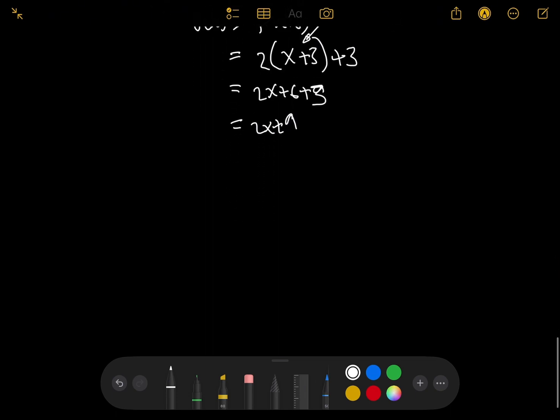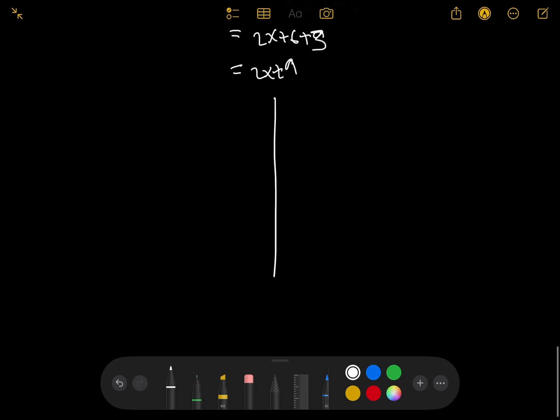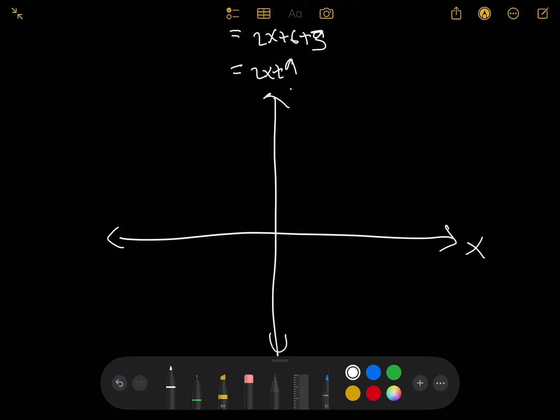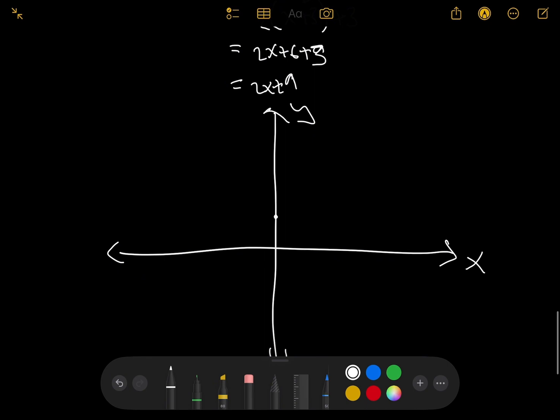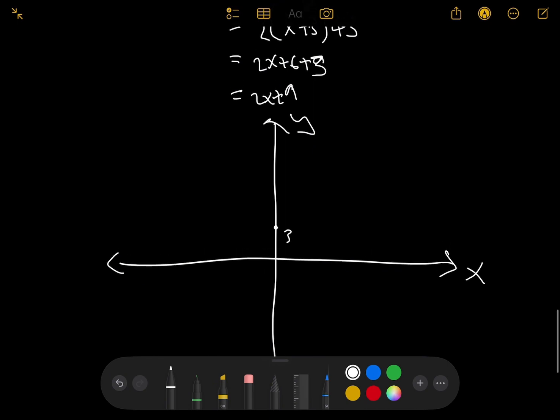So graphically, let me just show you now. It's important to start by labeling our axes. And so we know the first graph, of f, will pass through 3. So it will be something like this. This will be the graph of f.